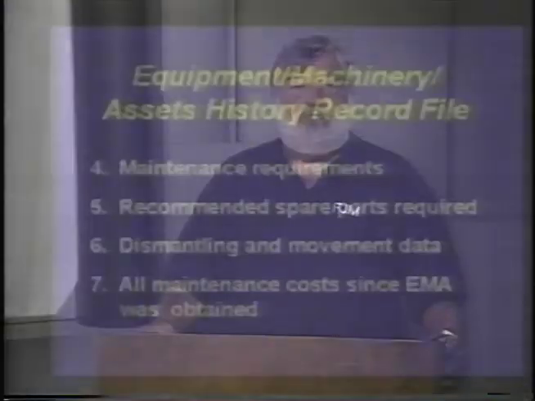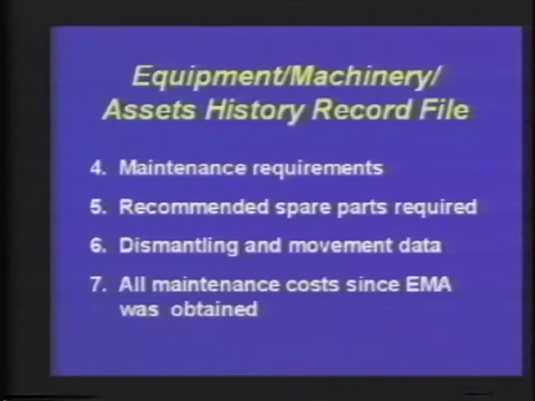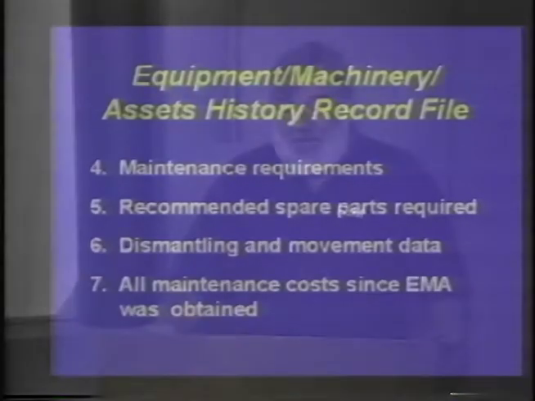The seventh function addresses all of the maintenance costs relative to maintaining that asset since it was actually received by the company. Now, other costs that would likewise be an integral part of 7 would be downtime costs versus running costs. And again, this is tailored to each and every organization relative to the financial makeup of the maintenance organization.